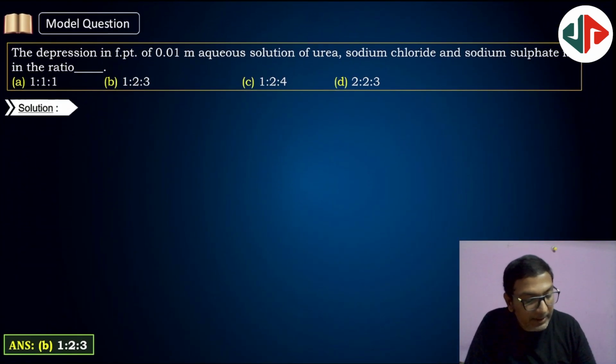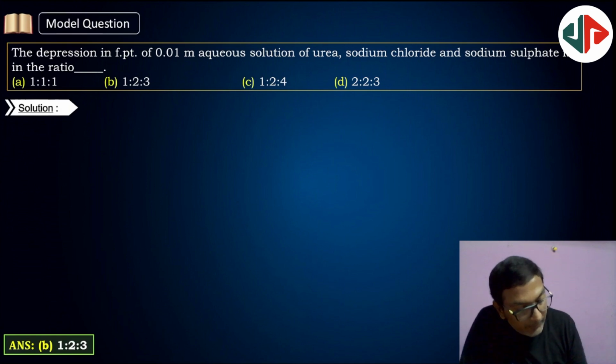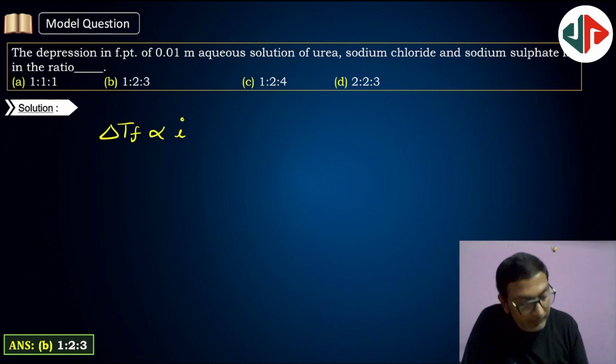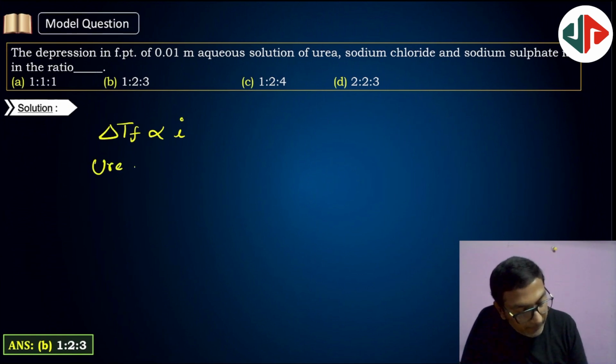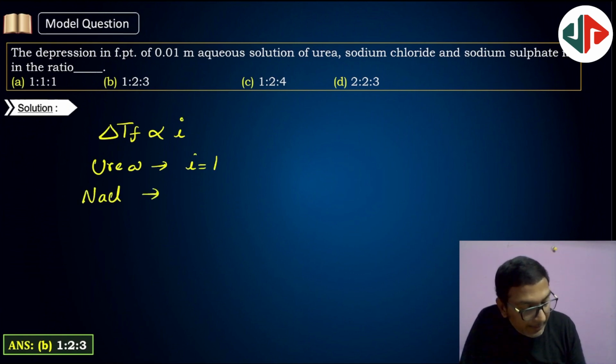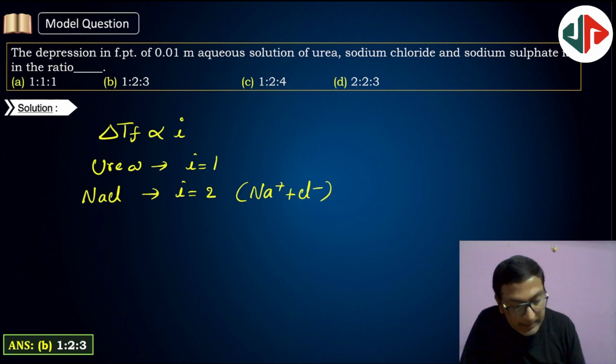The depression in freezing point of 0.01 molar aqueous solutions of urea, sodium chloride, sodium sulfate is in the ratio of? Depression in freezing point is directly proportional to i. For urea, i equal to 1. For NaCl, i equal to 2, because Na plus and Cl minus are 2 ions.